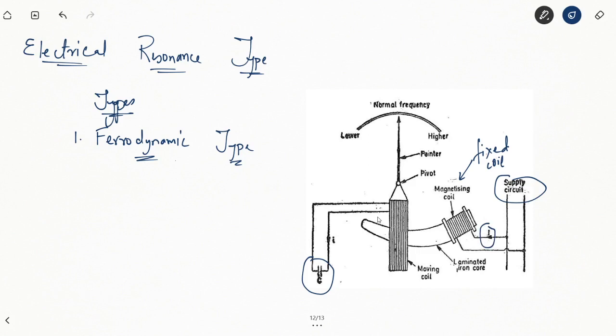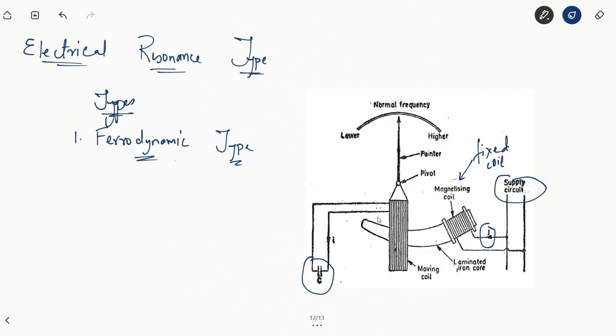That will result in the production of electromagnetic flux. This magnetic flux will get linked with the moving coil. It's not moving yet, so it will induce EMF in this coil, and since you have a current carrying conductor now placed in a magnetic field, it will experience a torque. So this moving coil will start rotation.